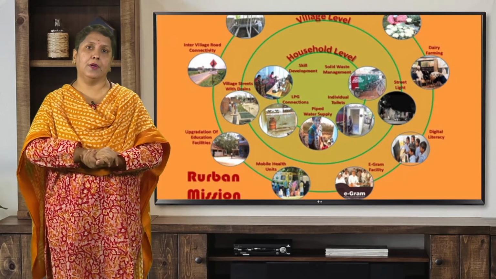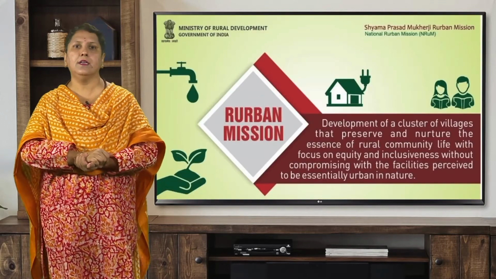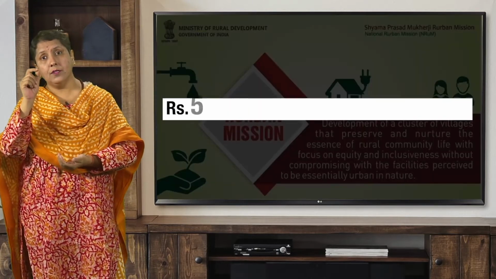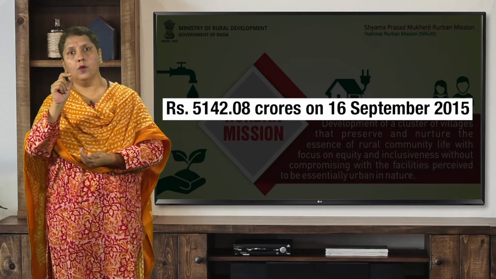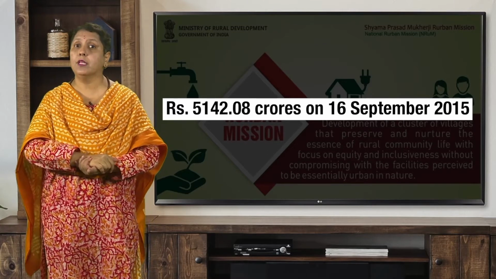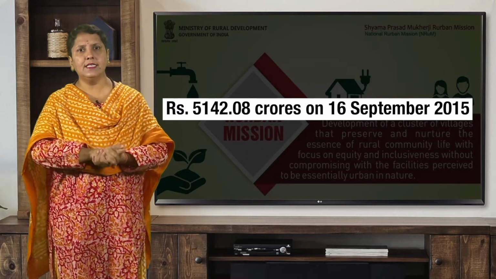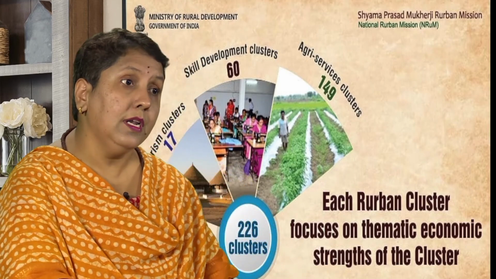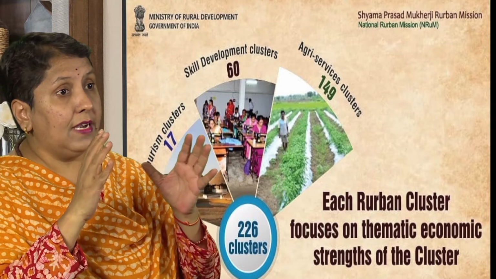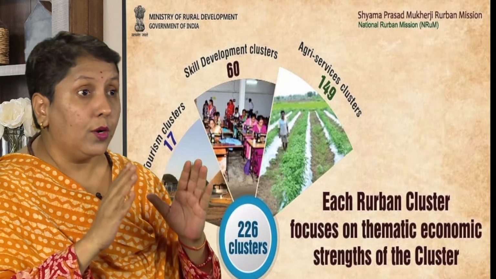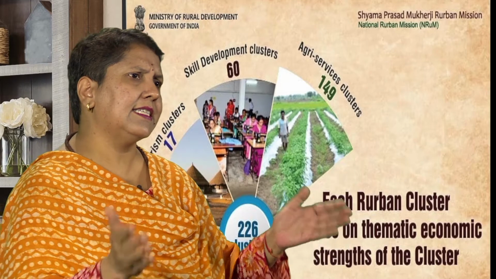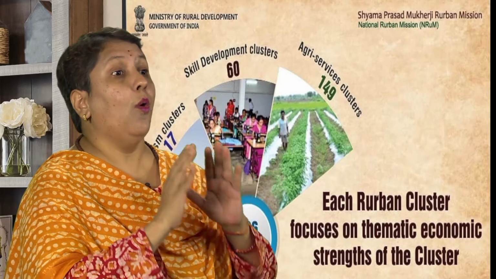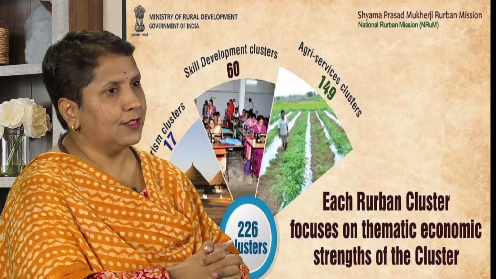Government approved the Shyama Prasad Mukherjee Urban Mission with an outlay of rupees 5,142 crores on 16 September 2015, almost 6 years ago by now. The mission aims at development of rural growth clusters which have latent potential for growth in all the states and union territories of India, which would trigger overall development in the region.